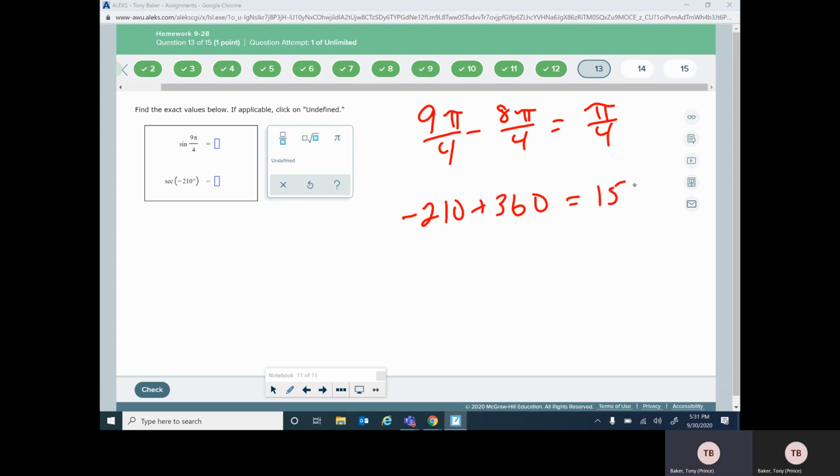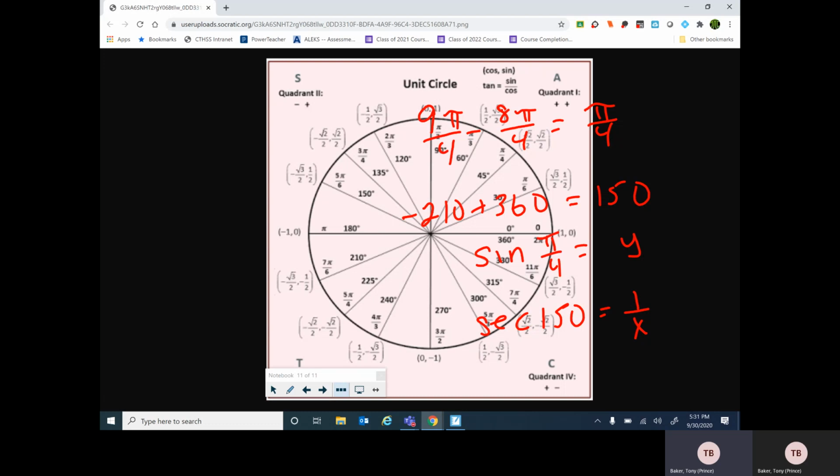And I get 150. So we're looking for the sine of pi over 4, which will be the y value. And then we're looking at the secant of 150, which would be 1 over x. So let's go to my unit circle. And 150, my 1 over x, my x is negative square root of 3 over 2.